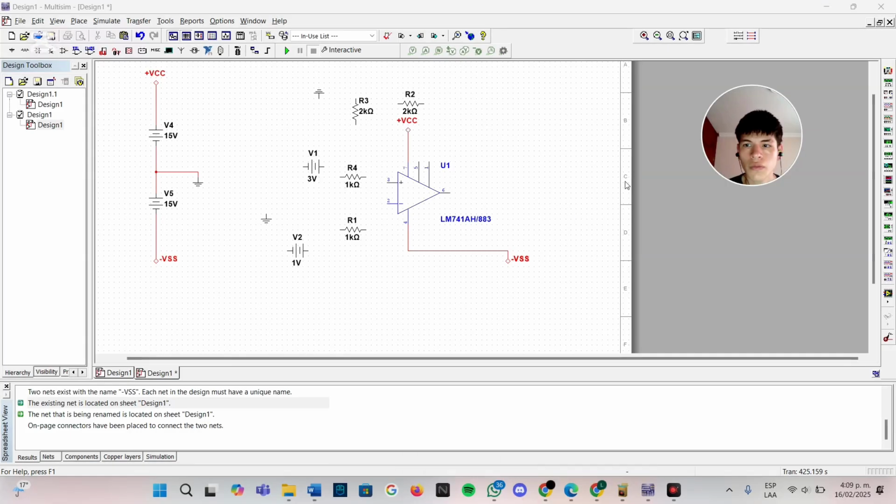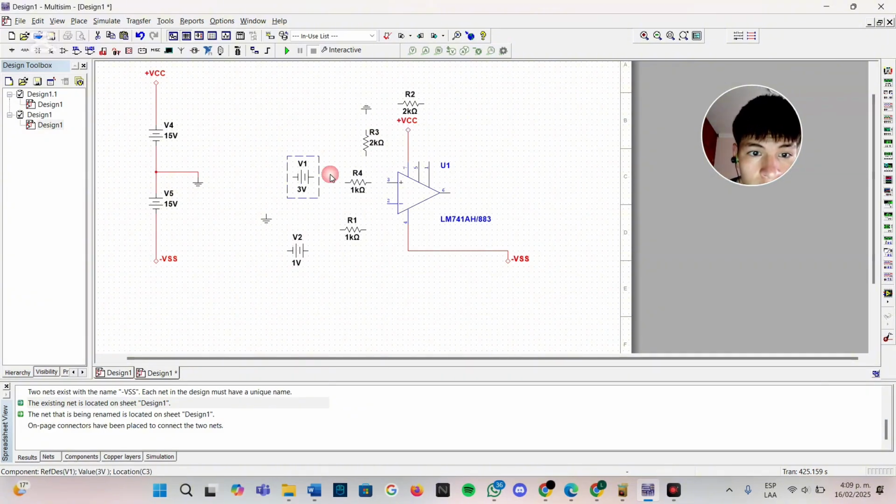Okay, now the second configuration we have is a subtractor. On the positive side, it consists of two resistors, one with a voltage source and another connected to the ground, and the two resistors are connected in series.